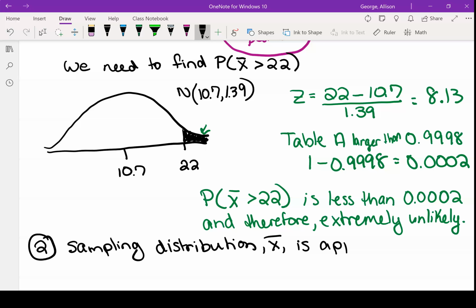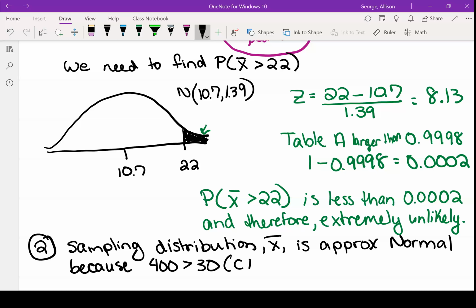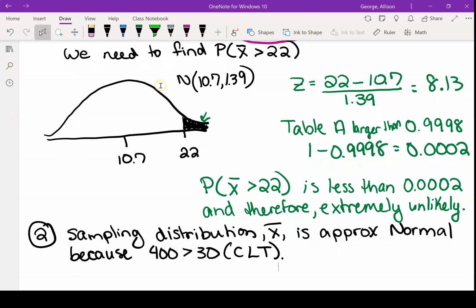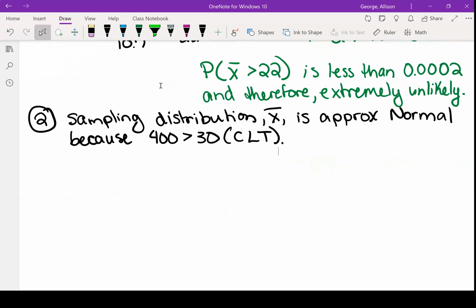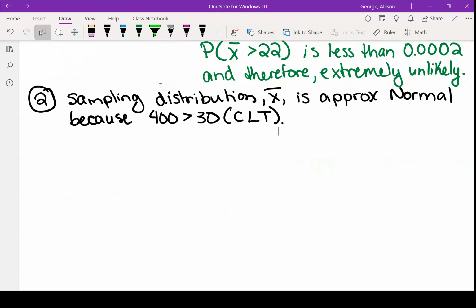But what makes it approximately normal is that our sample size is larger than 30. Our sample size is 400. And that's the central limit theorem. So our sampling distribution is approximately normal because 400 is bigger than 30.